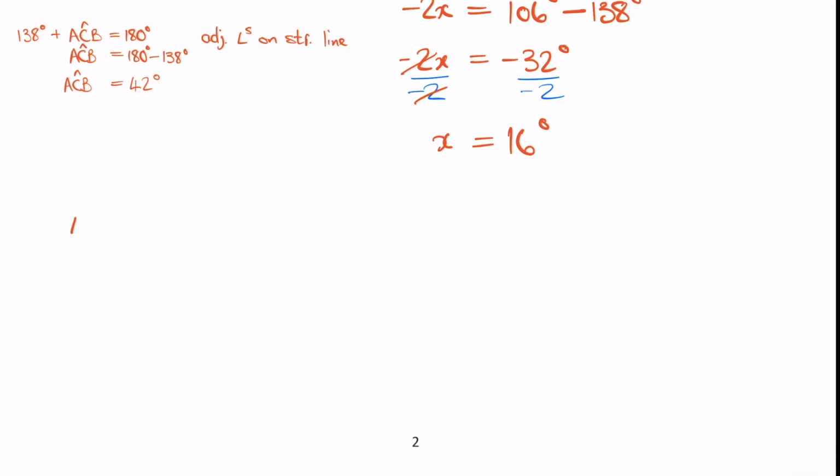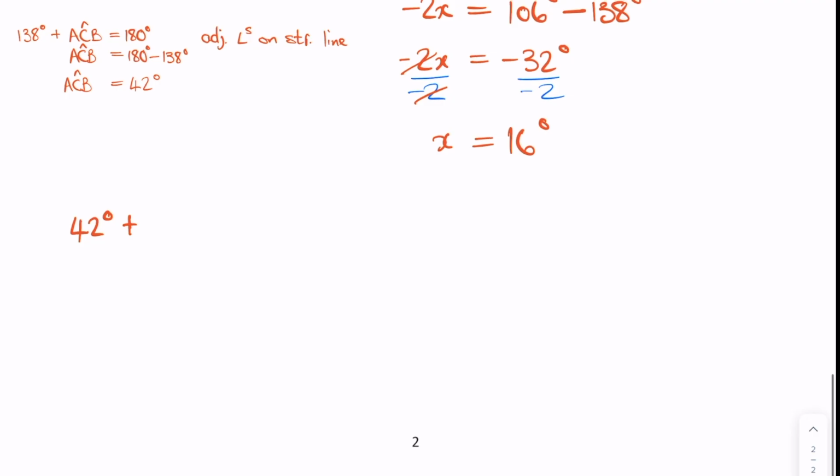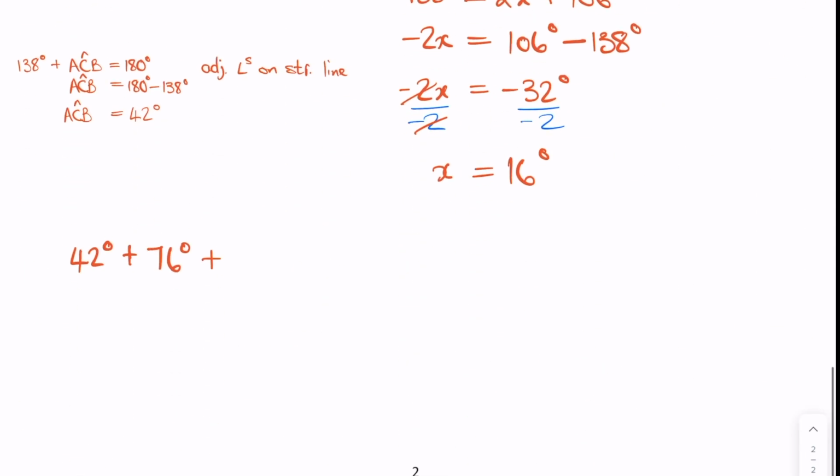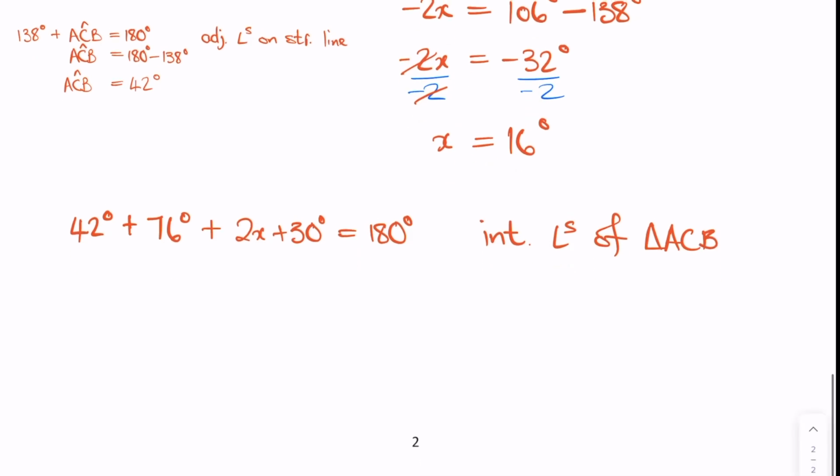I've got 42 degrees plus, what was that, 76 degrees, plus the 2x plus 30 degrees, the one on top, angle A, and all of that is equal to 180 degrees. Why? Because the sum of the interior angles of triangle ACB equals 180. And there I'm back to having an equation again.